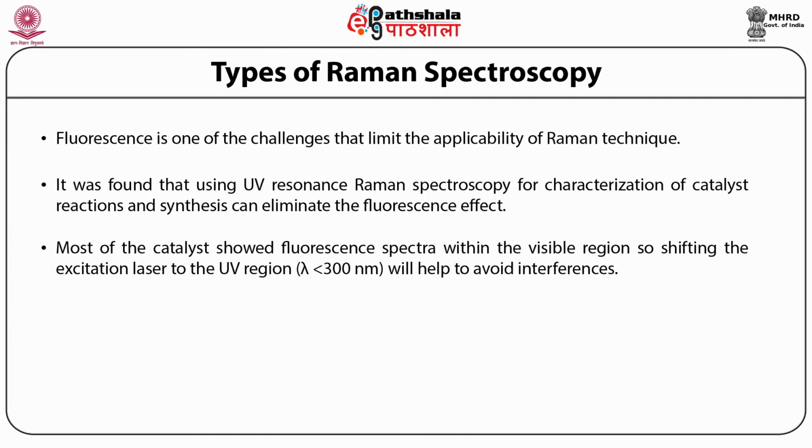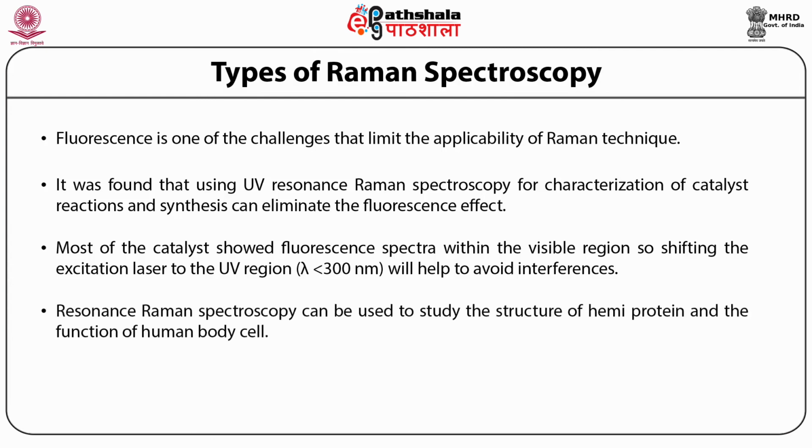Most of the catalysts showed fluorescence spectra within the visible region, so shifting the excitation laser to the UV region, where lambda is less than 300 nanometers, will help to avoid interferences.